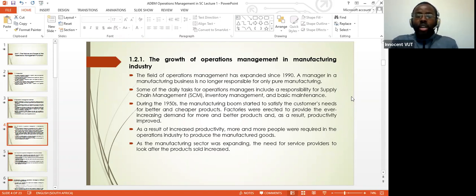There were now a lot of products, and those products were supposed to be looked after. So there was a need for service providers to look after those products. So the increase in the manufacturing sector also led to an increase in the service industry, because a lot of service providers were needed.